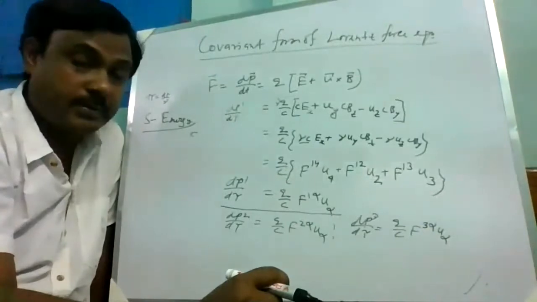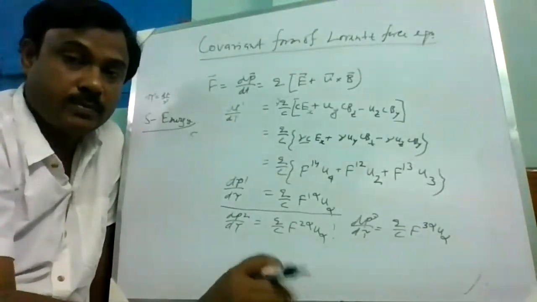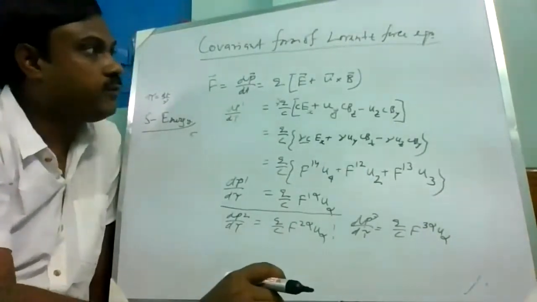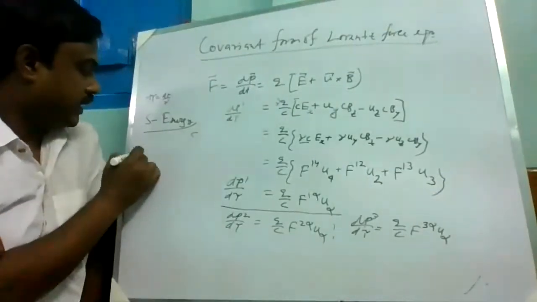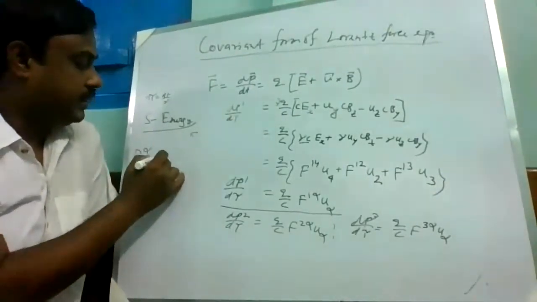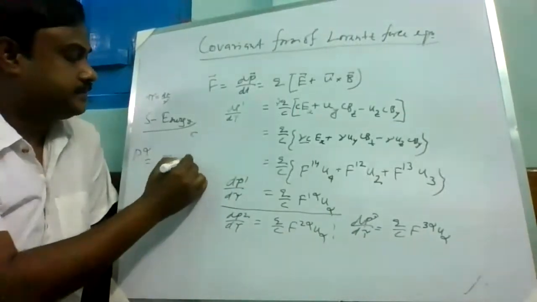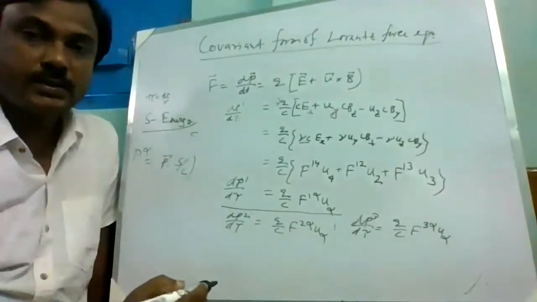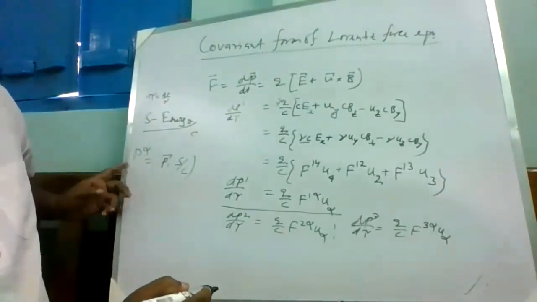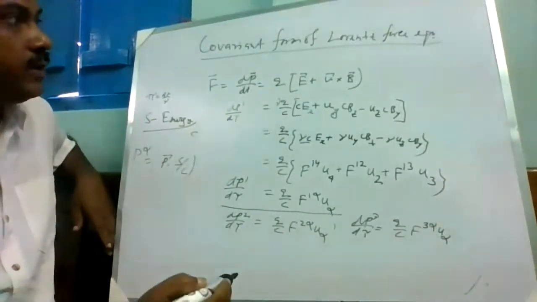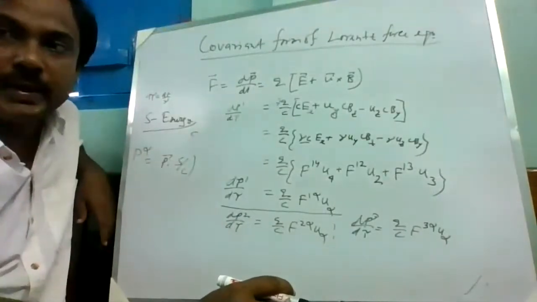Now we have to look for the fourth component. We know the fourth component of p alpha is S by c, right? For that we have to look for the energy equation.